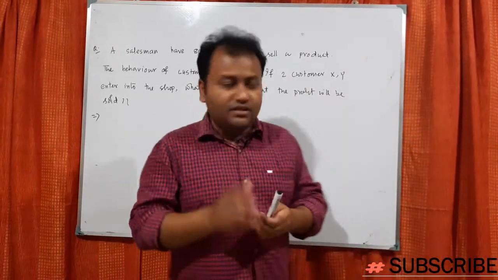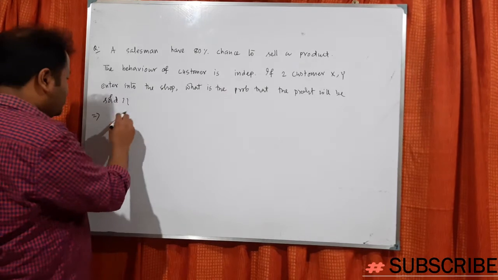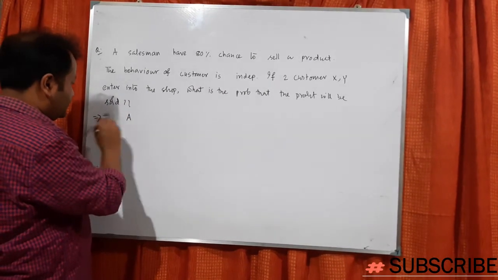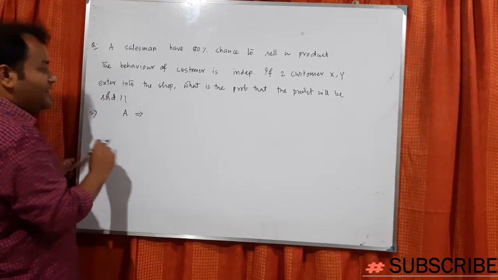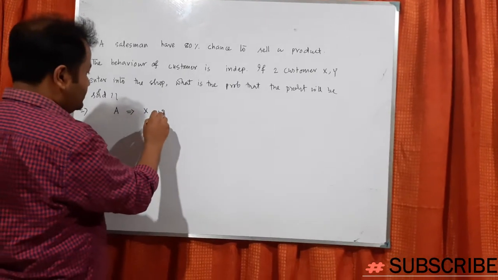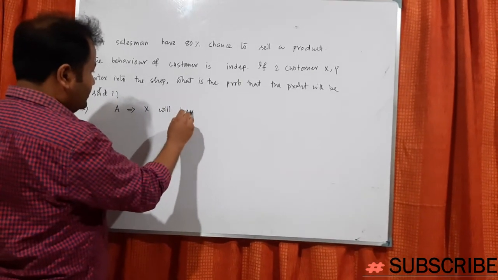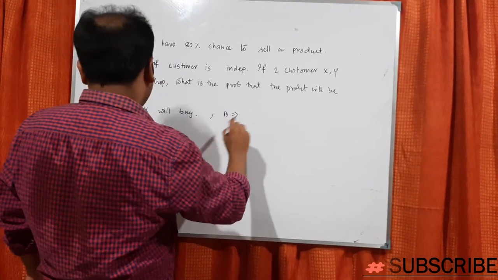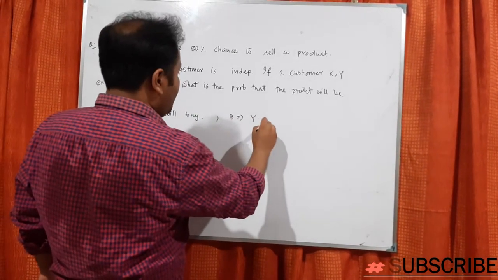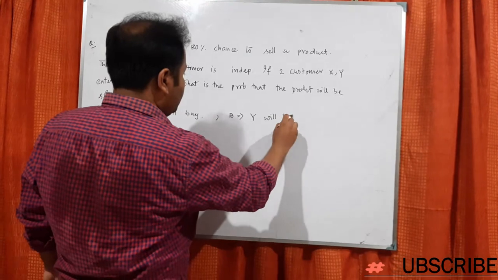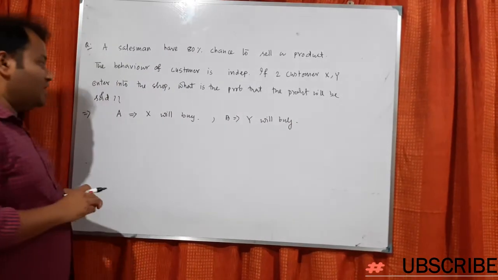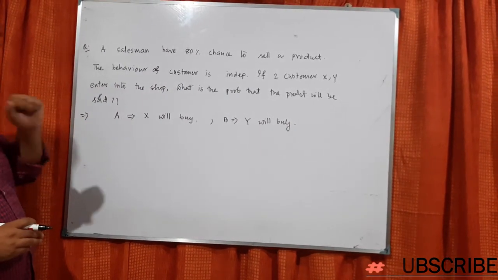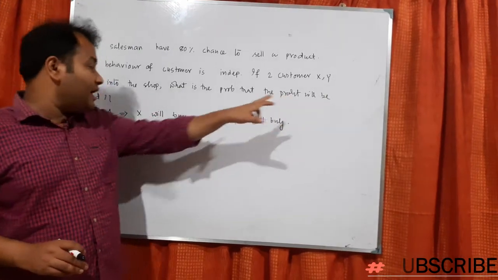So X can buy, may not, Y can buy or may not. So let us create two events. A is one event that X will buy, and B is another event that Y will buy. Now what is the probability that the product will be sold?